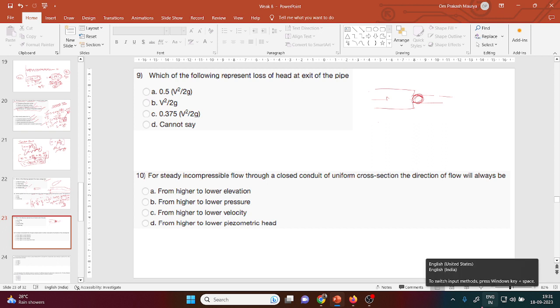So basically head loss is represented by both. Let's say HL is the head loss in the pipe, so H major and H minor.